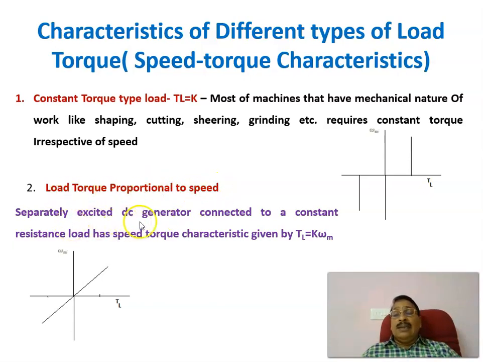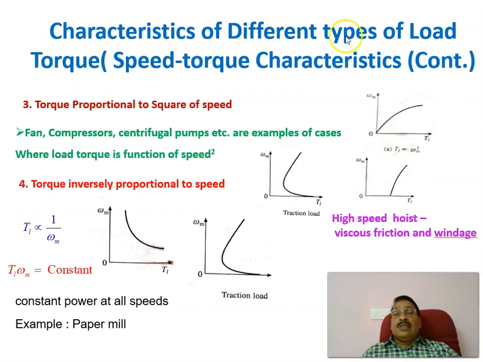A separately excited DC generator connected to a constant resistance load has the speed torque characteristics given by load torque equal to a constant K into omega M. It's linearly related, therefore load torque is directly proportional to omega M. That is the second type.